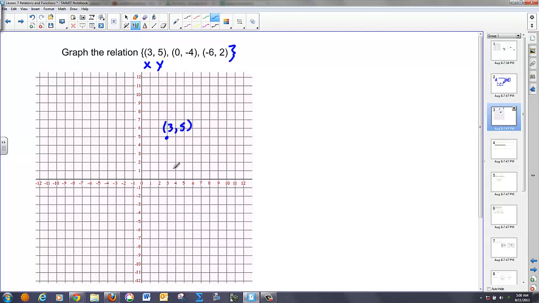Next, I go 0 on the x placement, or horizontal, down 4 on the vertical placement, and that's the point 0, -4. For -6, 2, we go horizontally -6, vertically 2, and there's my final placement.